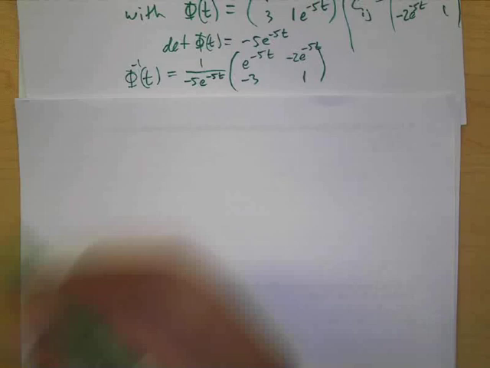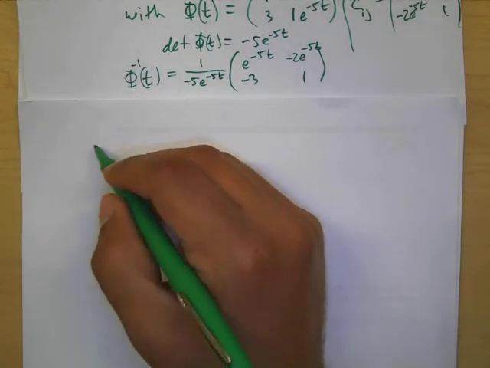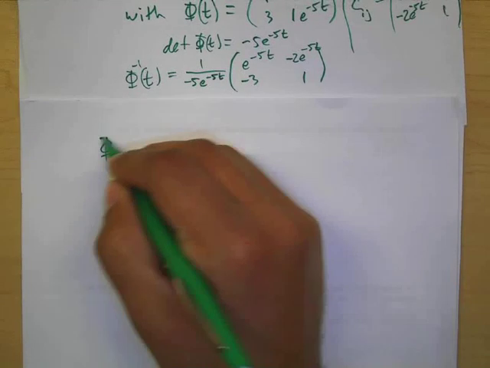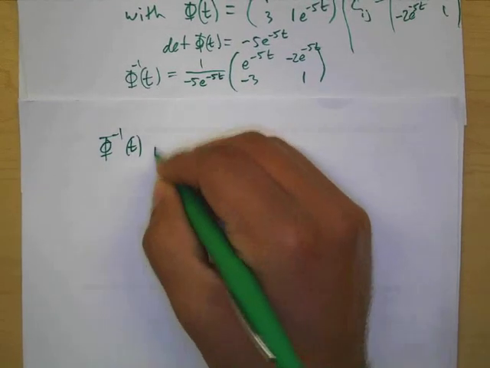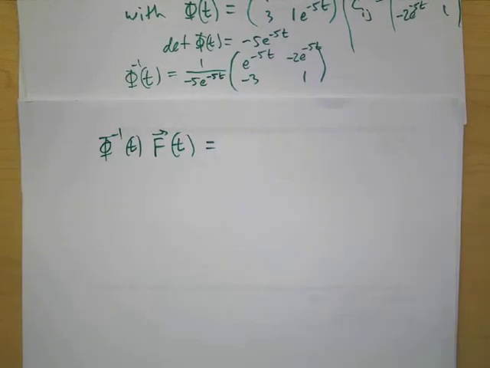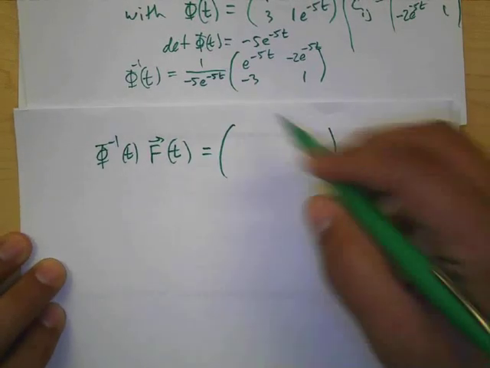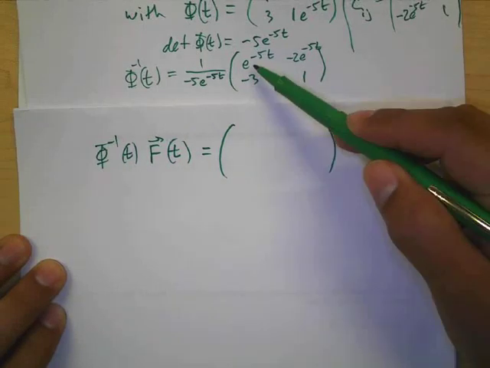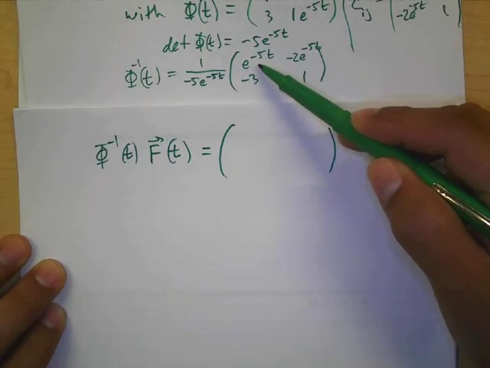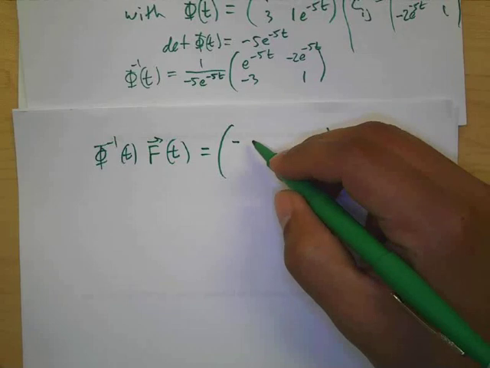Okay. So now let's go ahead and find the inverse multiplied with f of t. So what would the inverse be? Let's see. If I distribute, the e to the negative 5t cancels from that first spot. So all we have is negative what?